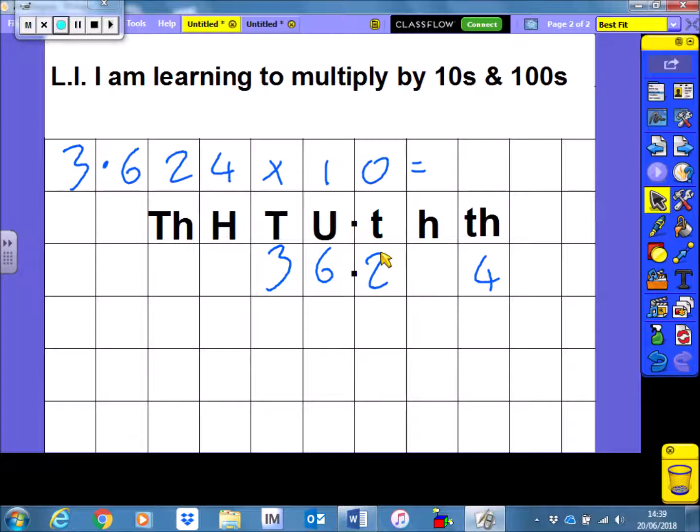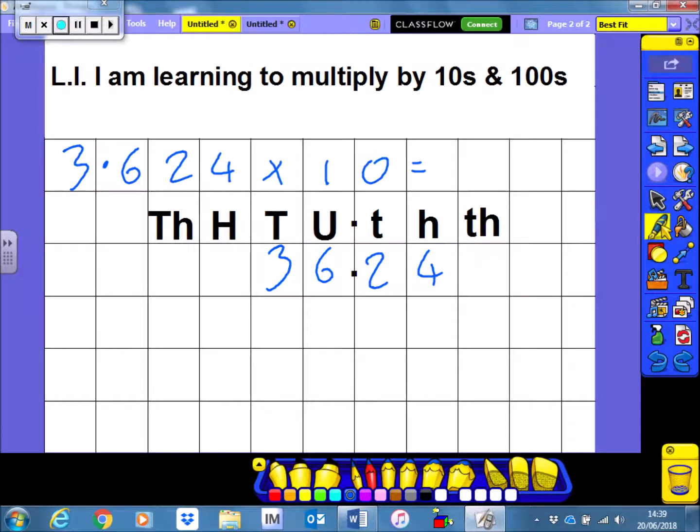The 200ths are going to become 2/10ths, and the 2000ths are going to become 400ths. So what we get instead, 3.624 times 10 becomes 36.24. The numbers all stay the same. It is just the place value that changes.